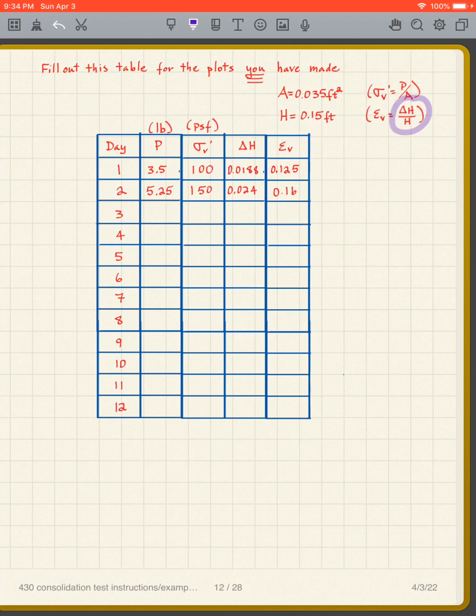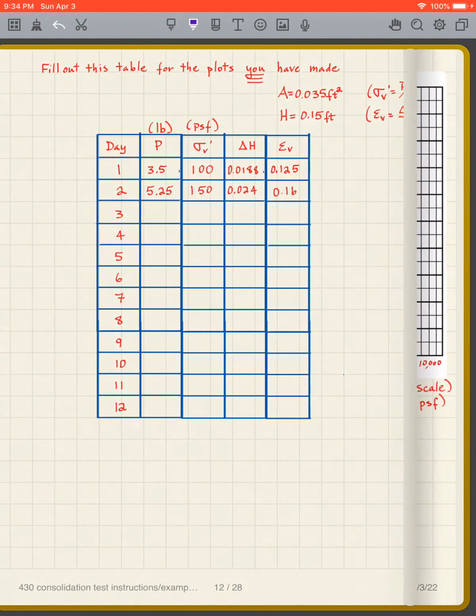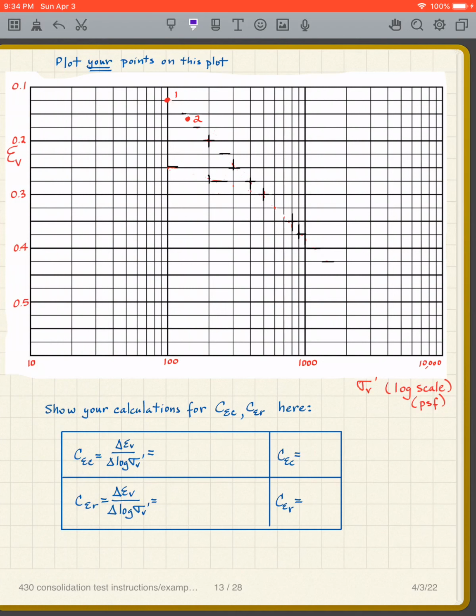And so you're going to fill out for all the different days, so you've got 3 through 12, and you are going to calculate out the sigma v primes and the epsilon v's, and then you are going to put them on this plot. Point 1 is here, point 2 is here, and you're going to plot your points the rest of the way.